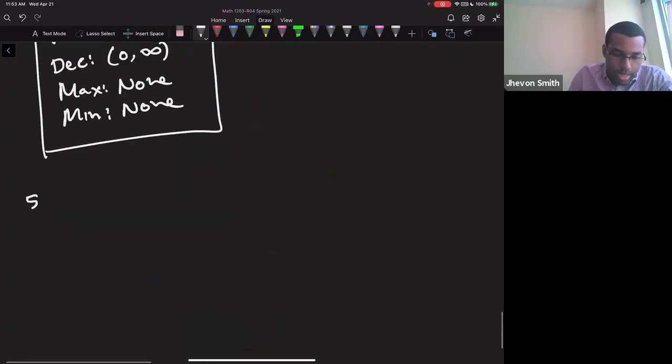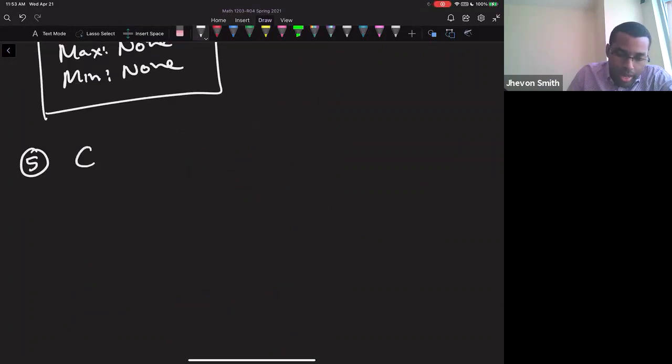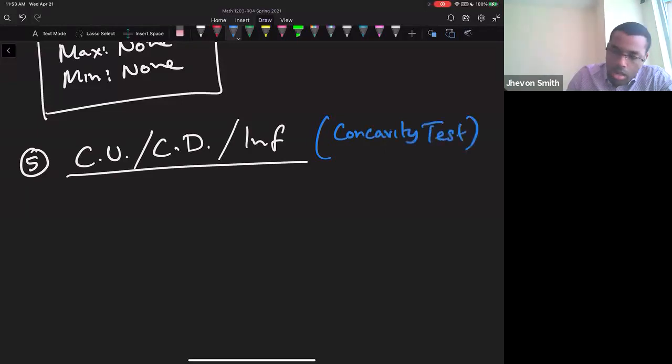Now you move on to the next section, section 5. Now in section 5, we look at concavity: concave up, concave down, inflection points. Now we know for that, we use the concavity test, which means you're going to find the second derivative.